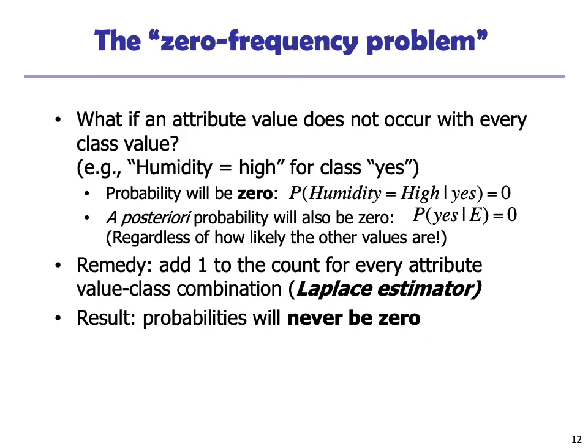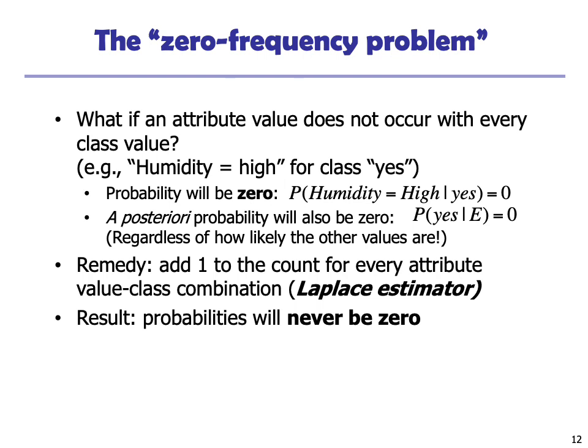So if one particular attribute's value does not show up in the training set in conjunction with every class value, then we end up having a problem called the zero frequency problem. So if, for instance, humidity equal high only occurs with class no, then we're going to end up having a probability of 0 for P of humidity equal high given yes.